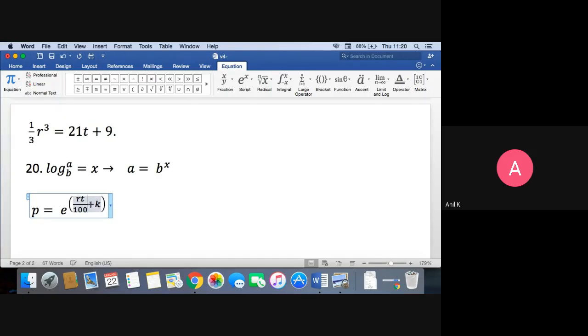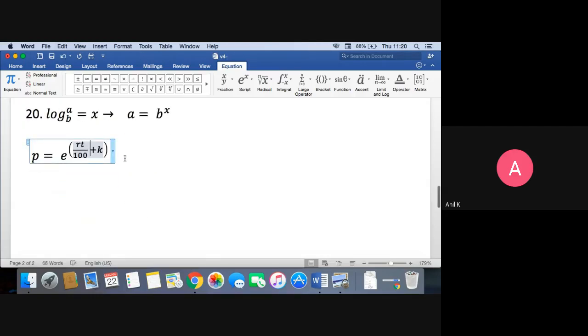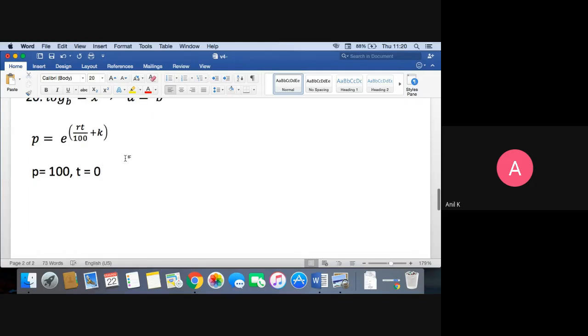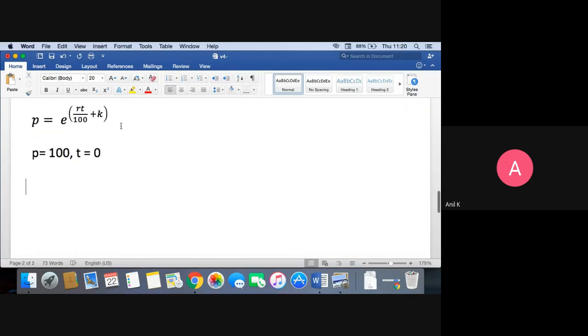This is what exactly they have given, the condition after taking exponents. Now, given that initially the principal amount is 100 rupees, becoming 200 rupees, that means your initial amount is 100 rupees. When I say initially, then the time will be equal to 0. So if I substitute these values in equation number 1, let me label it here.